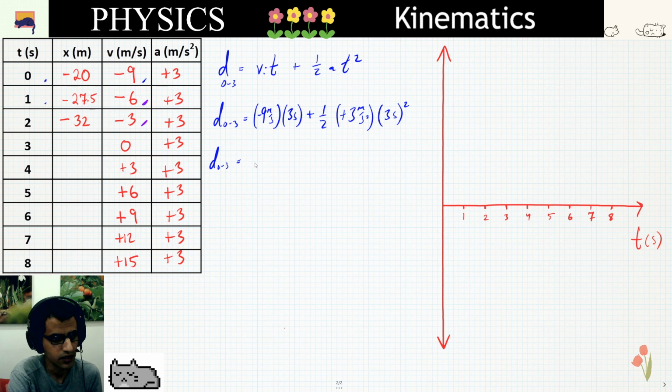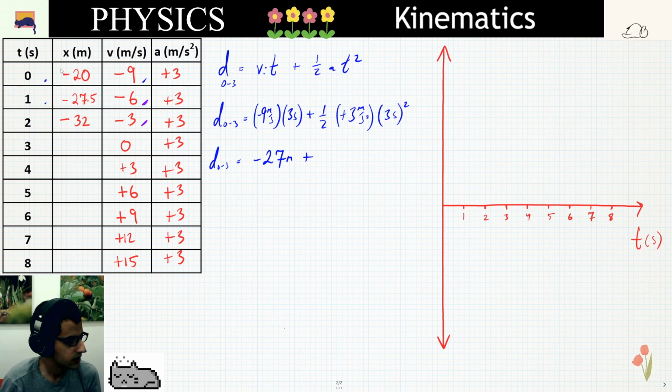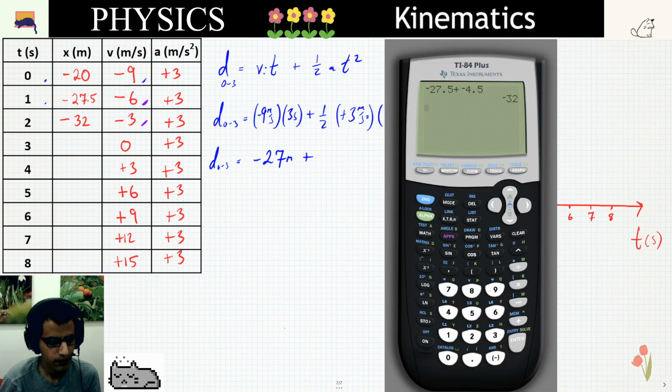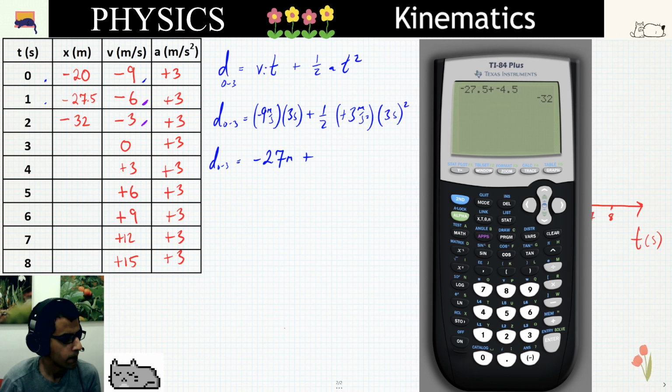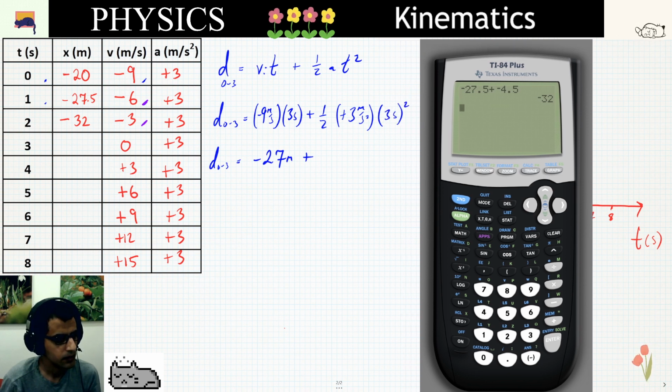Negative 9 times 3 is going to be equal to negative 27 meters. Plus, I can do all this on my calculator. Okay, so it'll be 0.5 times 3 times 3 squared is 13.5 plus negative 27.